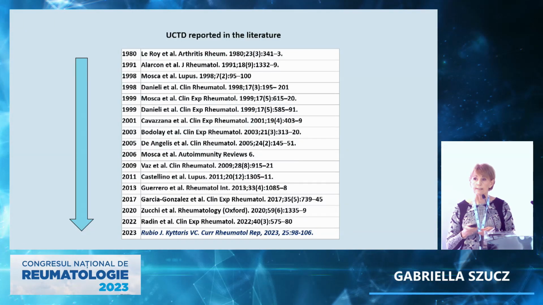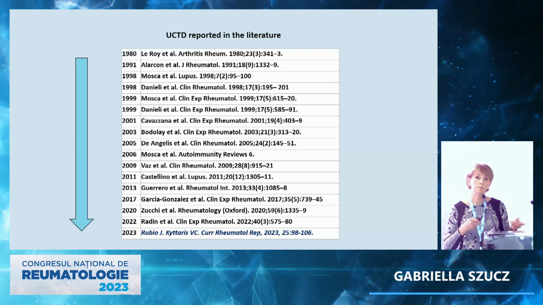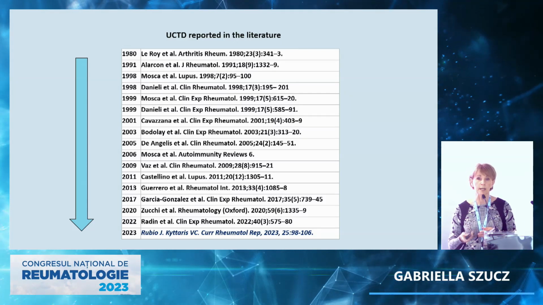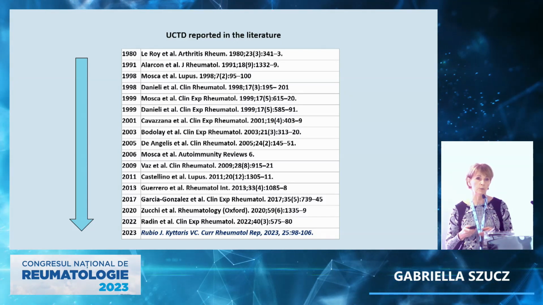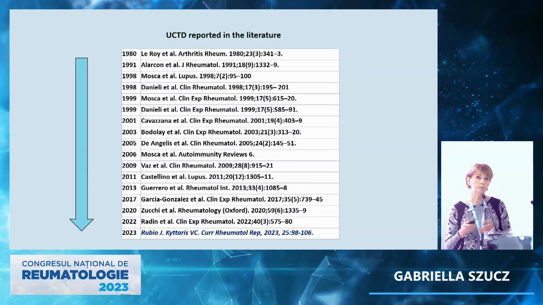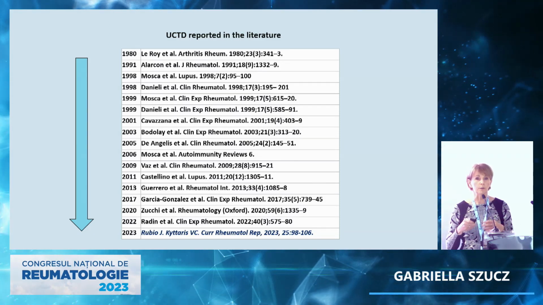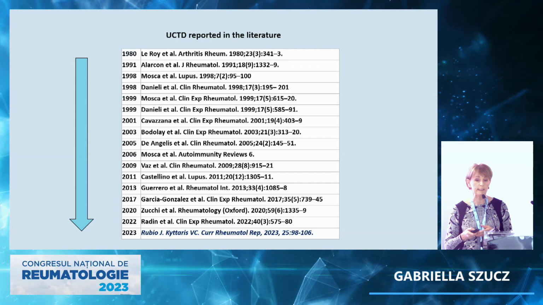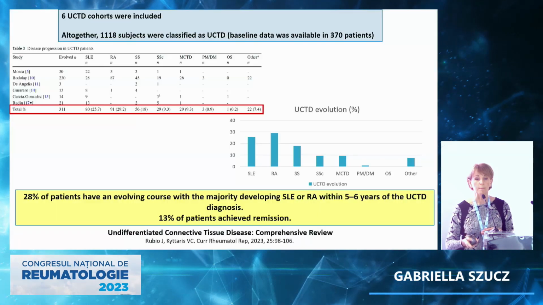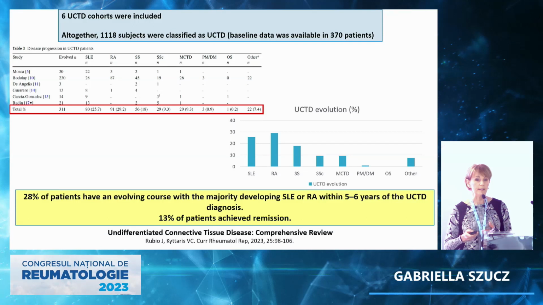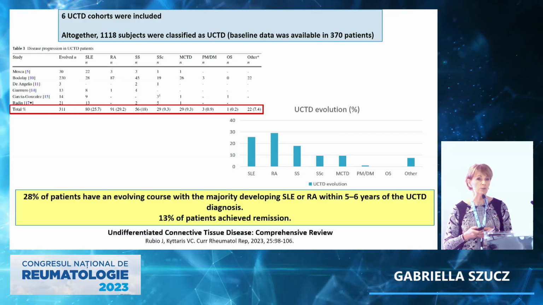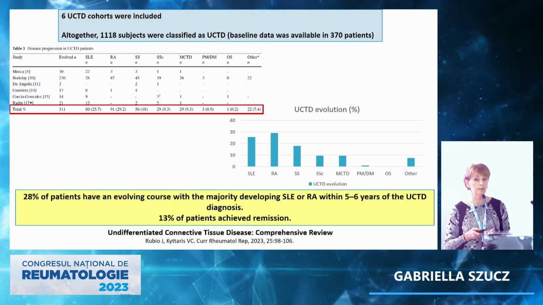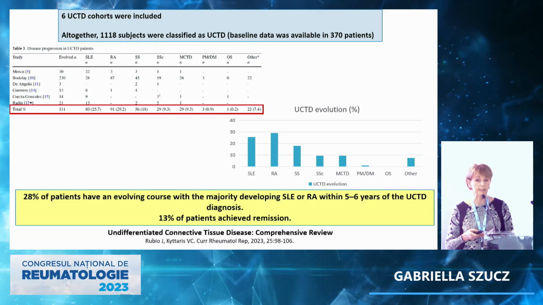In recent decades, there were several articles published on the UCTD subject, and these results were different according to the patient selection and according to the definition of UCTD. The final publication showed some results. It involved 6 UCTD cohorts, more than 1,100 subjects who were classified as UCTD at baseline.